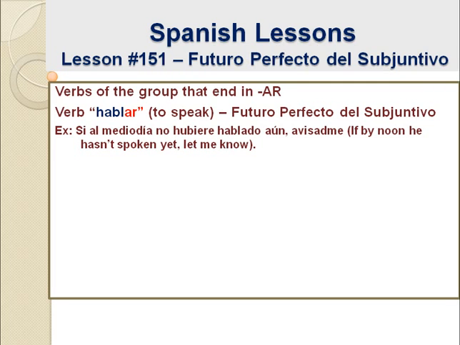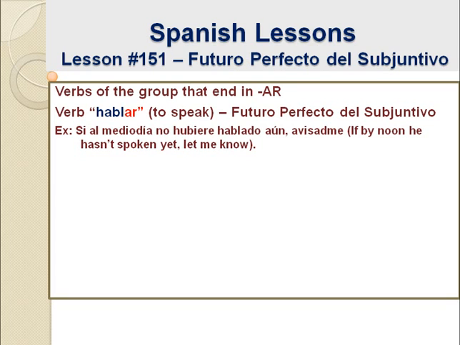In this case, for example, this is a perfect and ideal way of expressing this idea, okay, using futuro perfecto subjuntivo. However, in a daily conversation, or even when you write, you would probably say, si al mediodía no hubiera hablado aún, avisadme, okay?